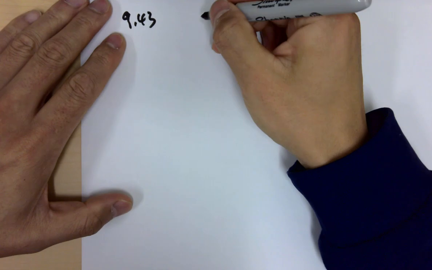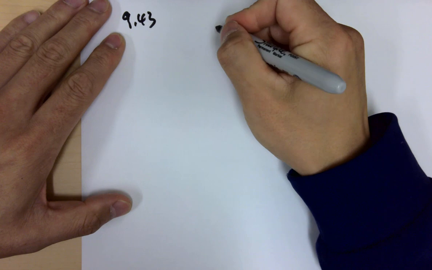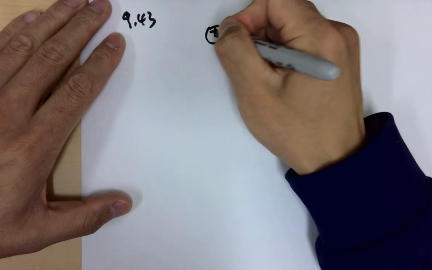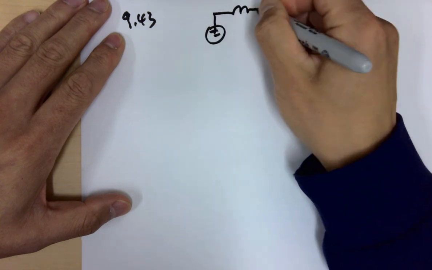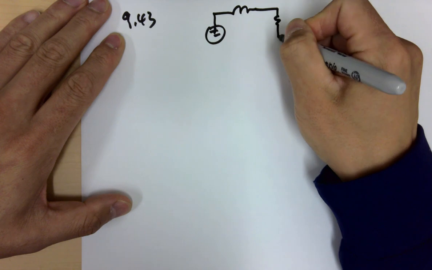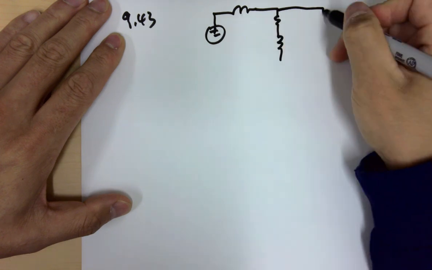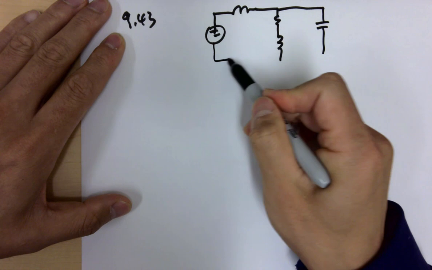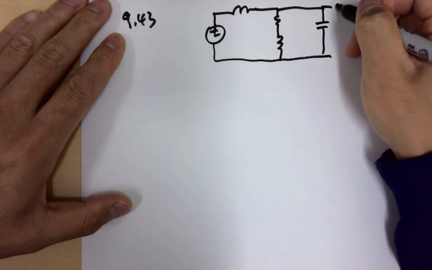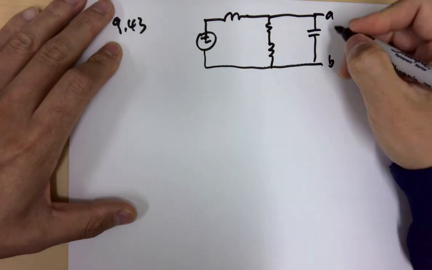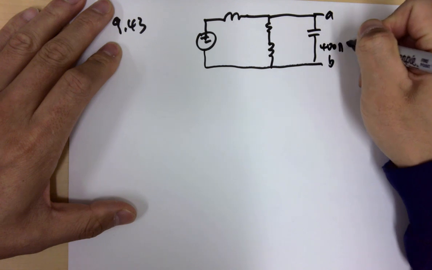So it is a voltage, VG over here, and resistor, inductor, capacitor, and here's A and B, the 400 nanofarads.